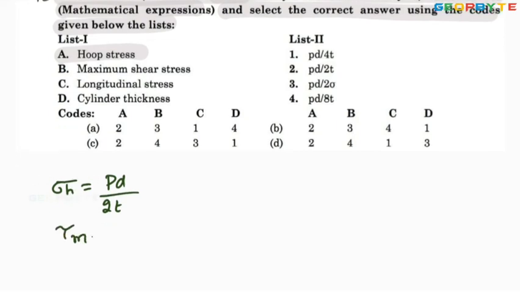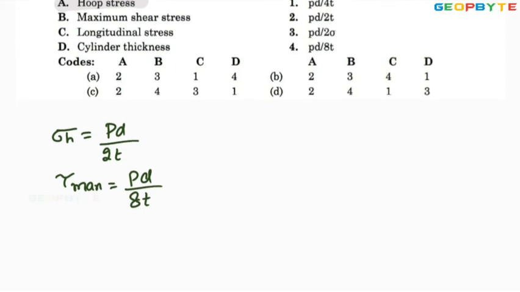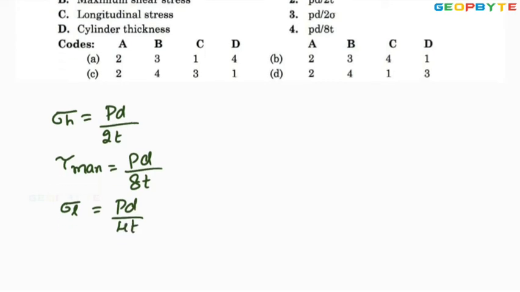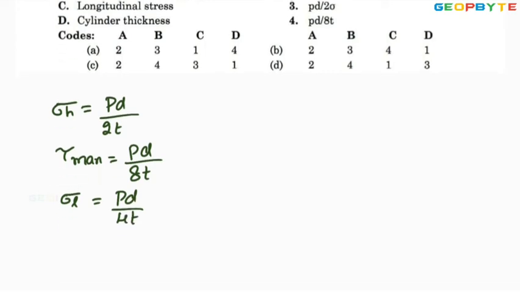Just now you got it: maximum shear stress PD by 8T. Longitudinal stress equal to PD by 4T. Thickness: sigma C equal to PD by 2T, so thickness equal to PD by 2 into sigma C.